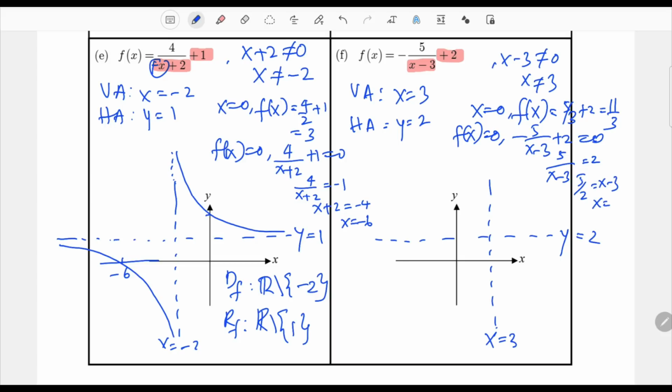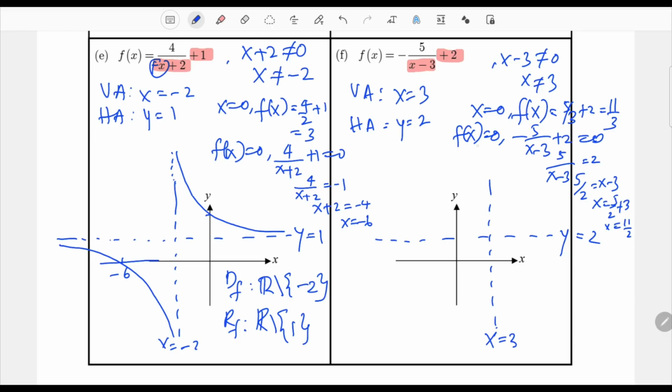So x equal to 5 over 2 plus 3. 3 to 6, 6, 5, 11. So 11 over 2. So that is the value for your x. Right? So x is 11 over 2. Y, what's the value just now? f(0) is 11 over 3.